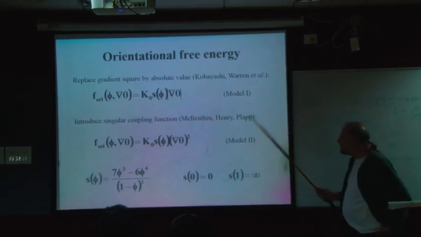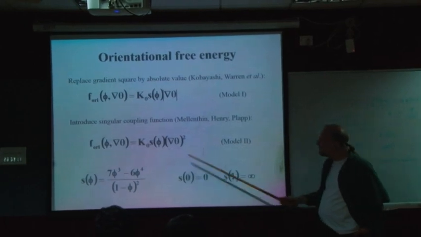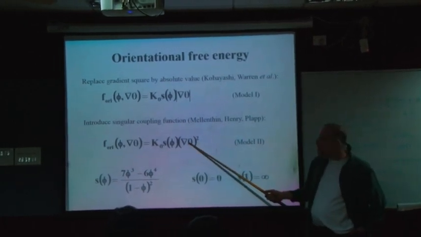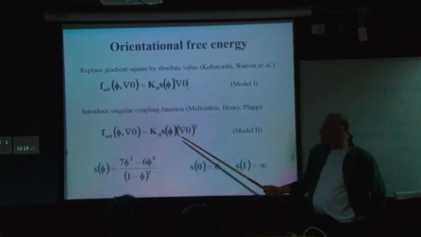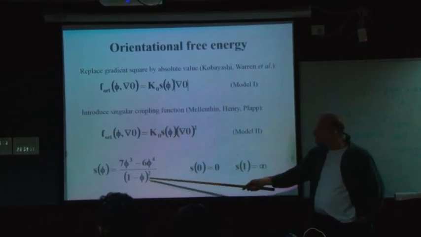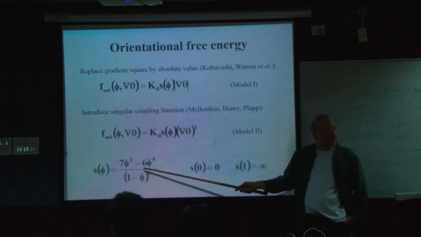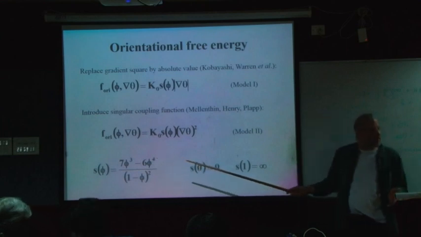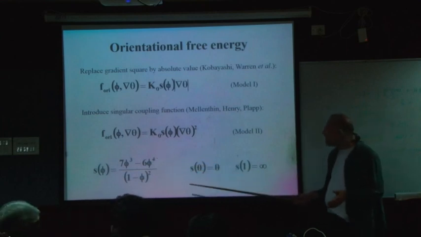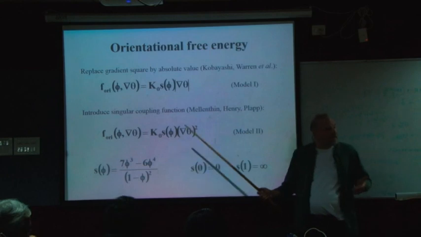And the other possibility that we have found is that you can use a gradient theta squared, but then you need to use a coupling function of the phase field that diverges when you go to the solid. So somehow you always need to put a singularity in the model in order to make it work. But if you do that, it can work.